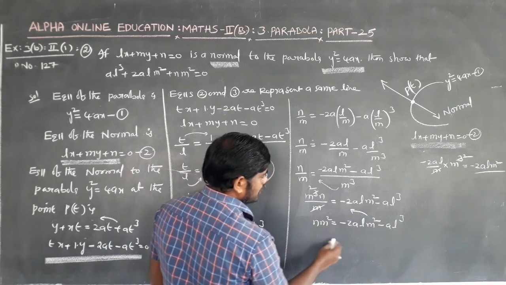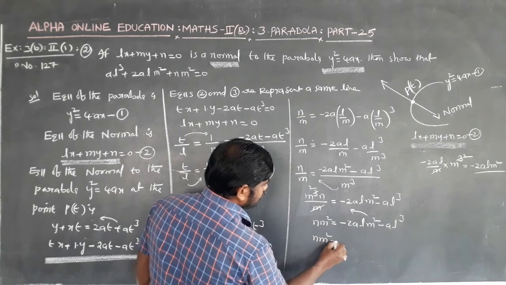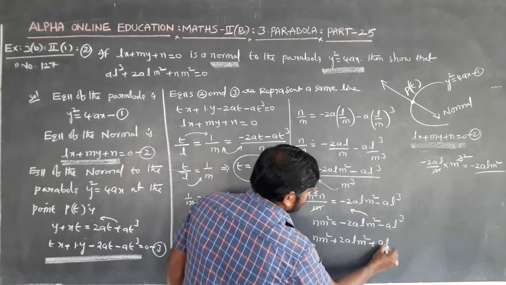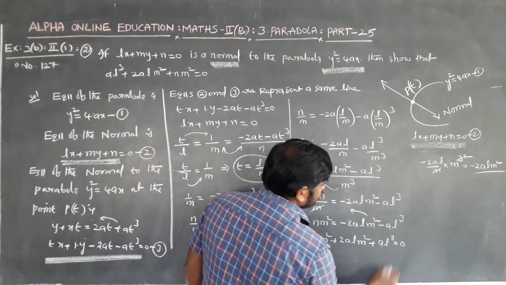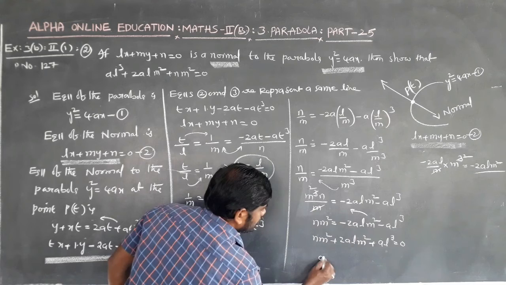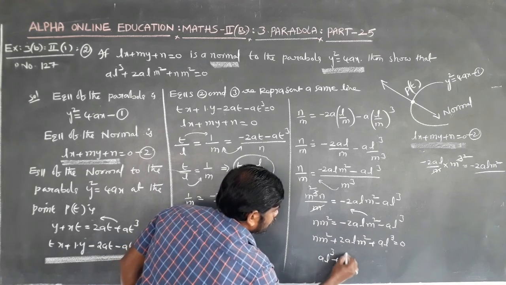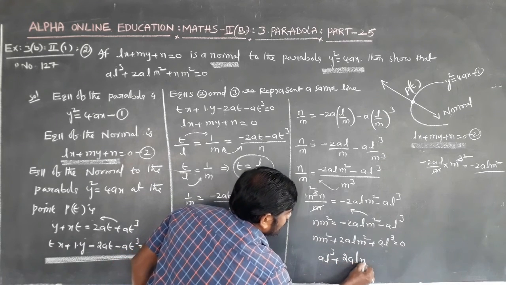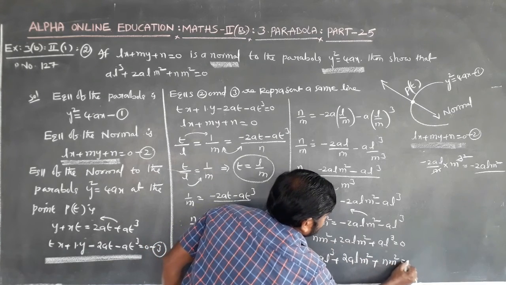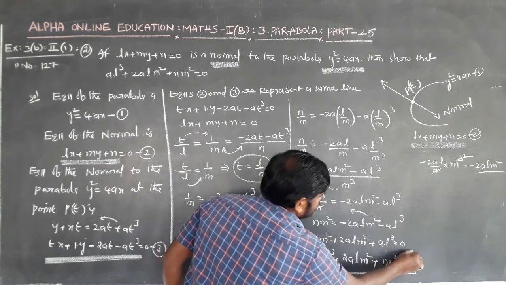Taking the two terms to the left side, nm² + 2alm² + al³ = 0. Writing in order: al³ + 2alm² + nm² = 0.